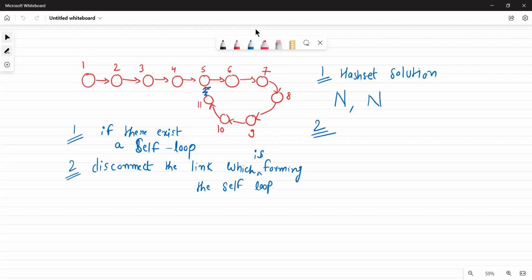But does anyone have any issue in that solution, like how we are getting it using slow and fast pointer? Kishan, can you unmute and tell me what you are actually trying to say? Like when we run the slow and fast pointer, there will be one point where slow and fast both will be meeting together.